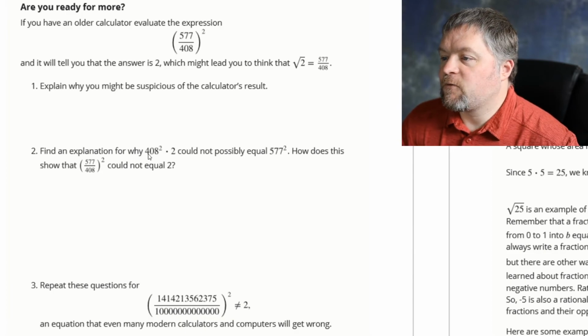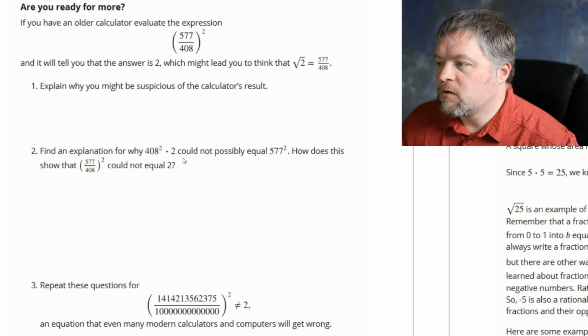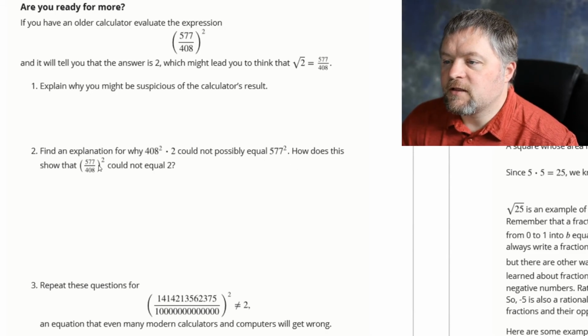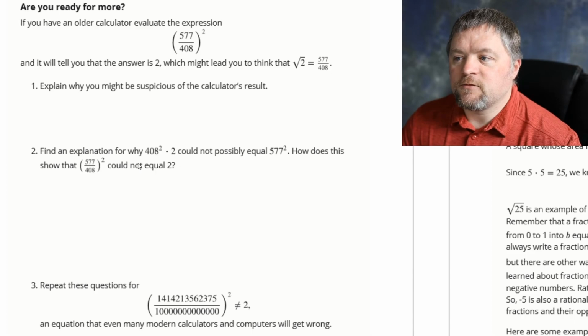Find an explanation for why 408 squared times 2 could not possibly equal 577 squared. How does this show that (577 over 408) squared could not possibly equal 2?